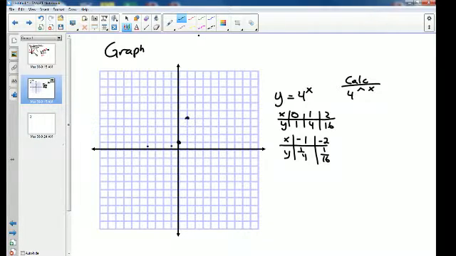Closer to what? 0. It's just going to keep getting closer. We'll never hit 0. No. So this is called an asymptote, right? That's y equals 4 to the x.